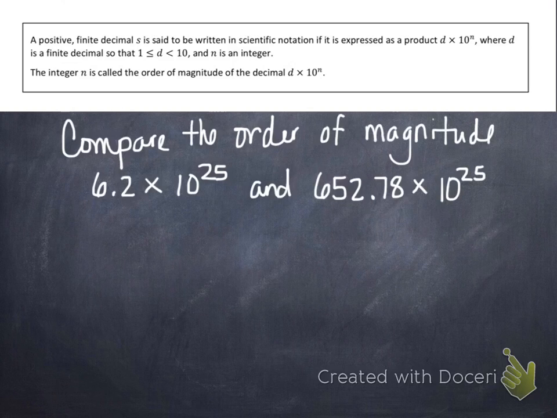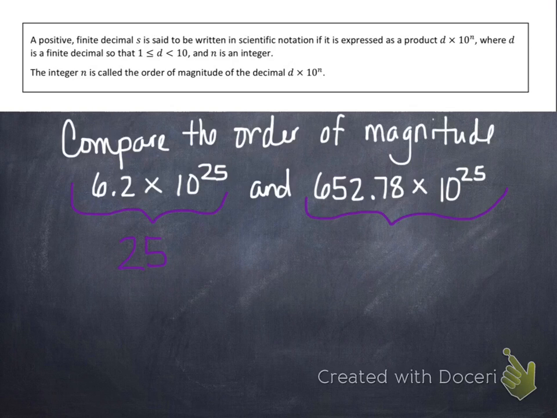So I can tell right off for this number here that the order of magnitude is 25 because I have 6.2 written in scientific notation, or between 1 and 10. So that number is in scientific notation, whereas this other number is not. I've got 652 times 10 to the 25th.